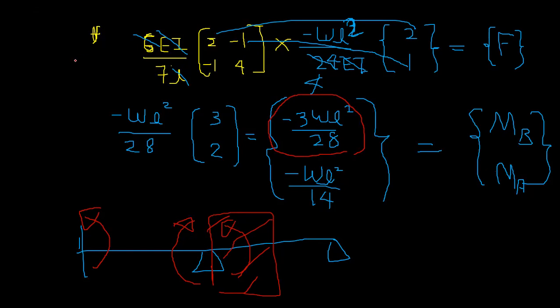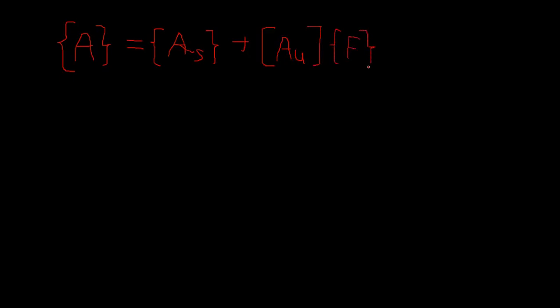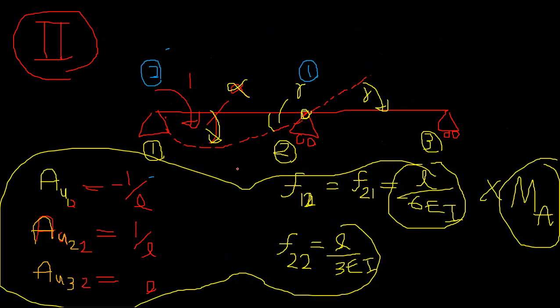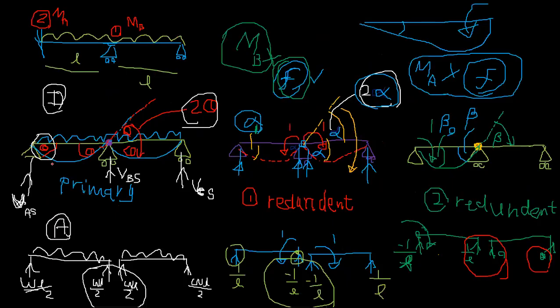So even the action in the original structure is equal to actions in the primary structure, right? Plus action unit matrix into F. The same way you have to do.